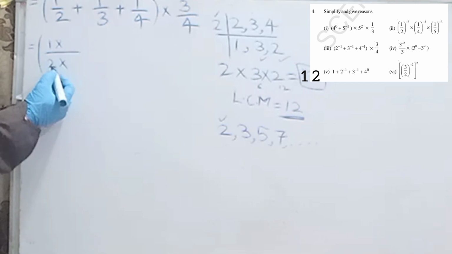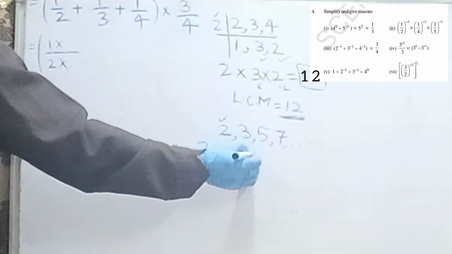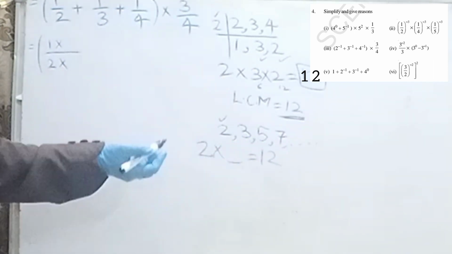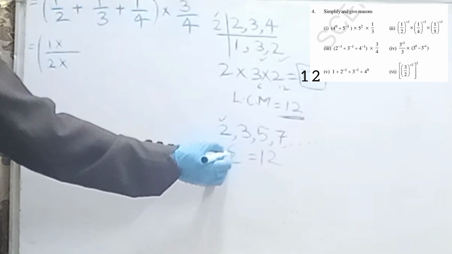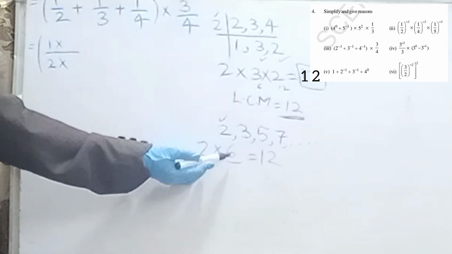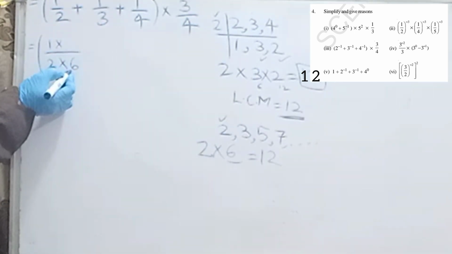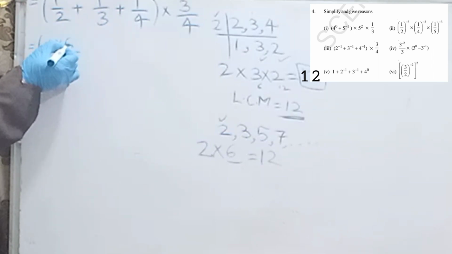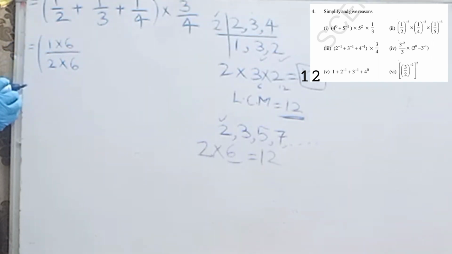Now I'll see by how much we multiply 2 to get 12. In 2 table, when we multiply 2 with 6, we get 12. So this 6 should be written here. Since we are writing 6 in the denominator, we have to write 6 in the numerator also, so that the actual value of this fraction doesn't change.